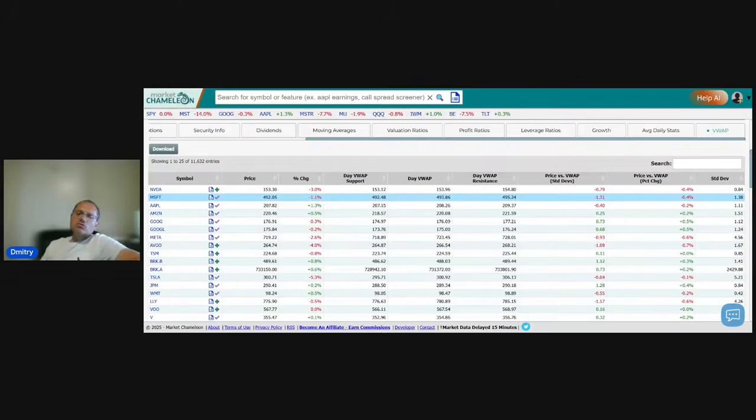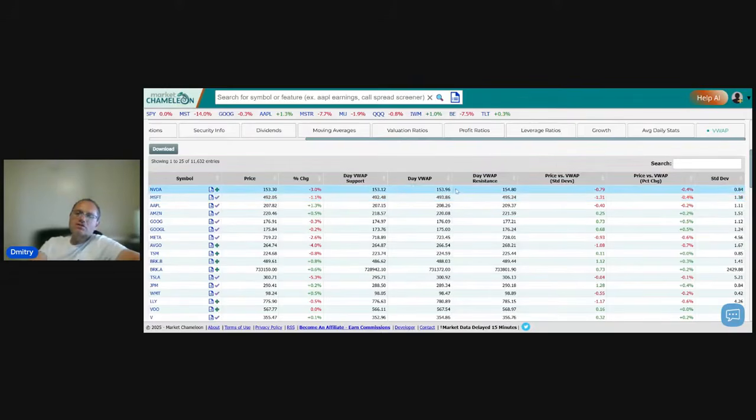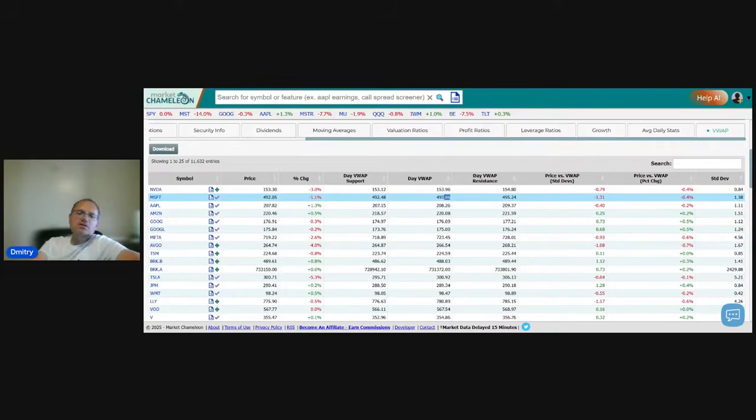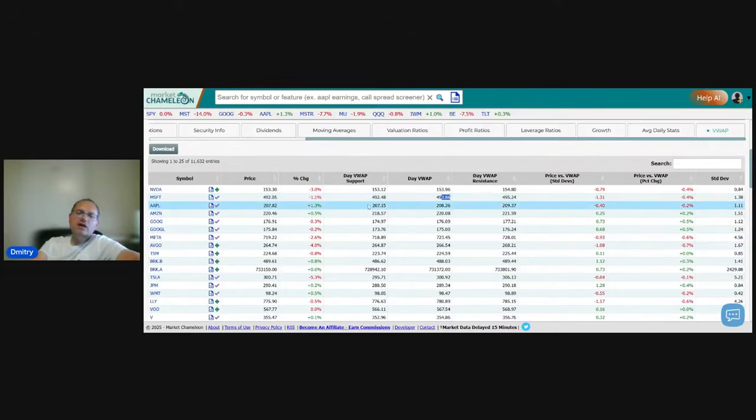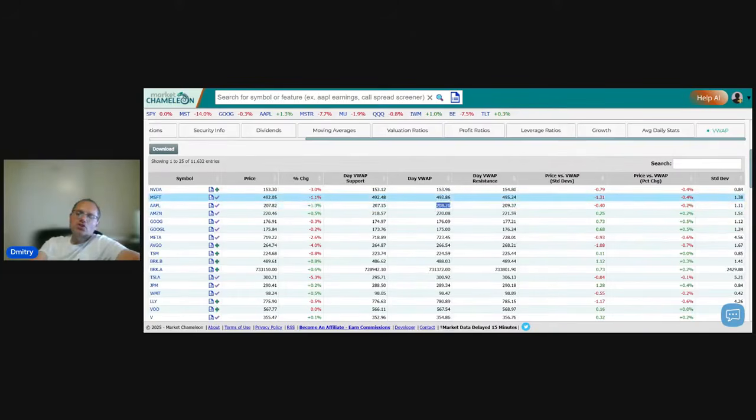In this middle column right here, this is the day VWAP. As you can see here, NVIDIA, Microsoft, Apple. This is tracking the volume weighted average price of the stock for the day.